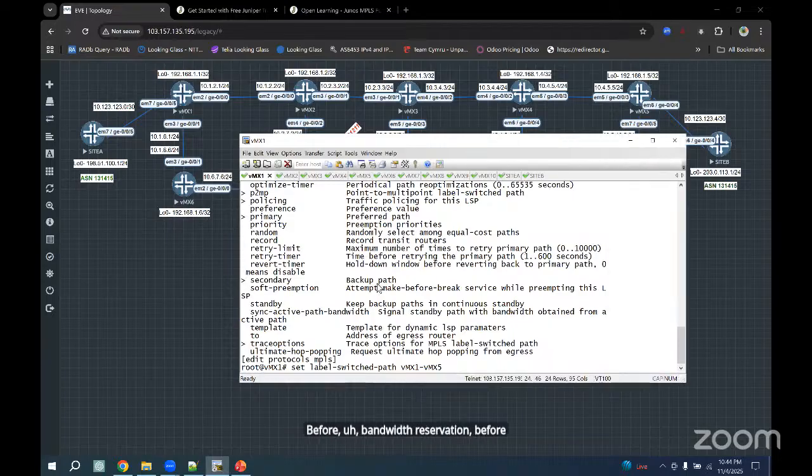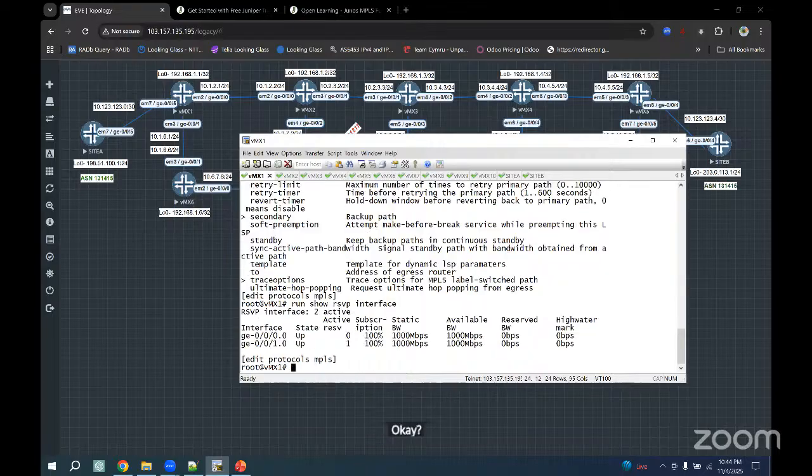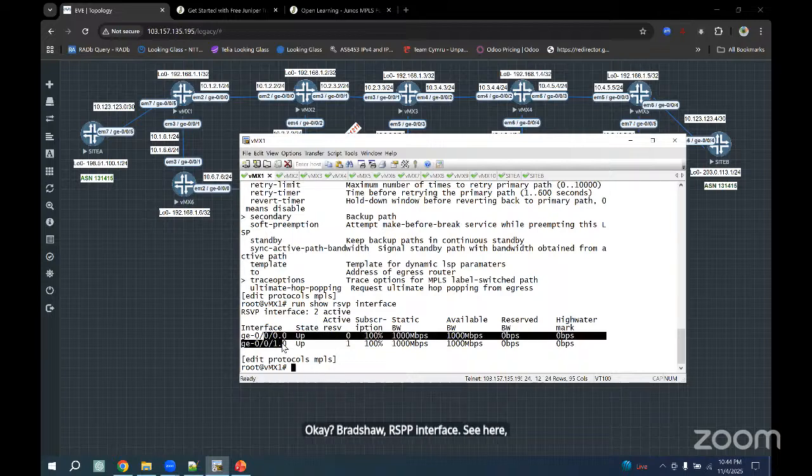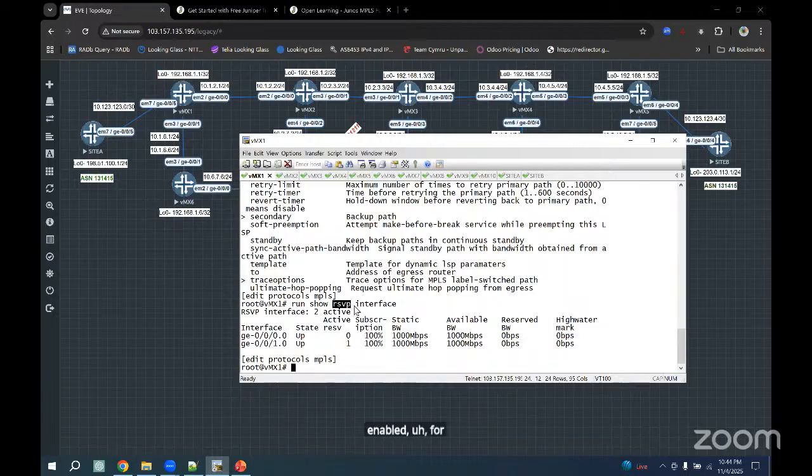Before bandwidth reservation, you can check the current status. Run show rsvp interface. See here, two interfaces are enabled for RSVP.